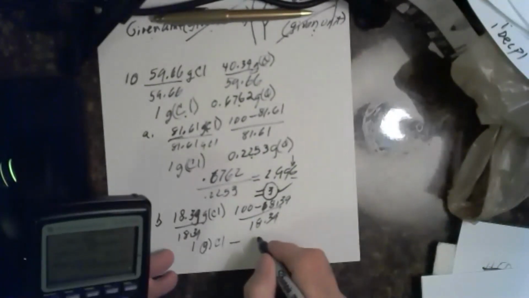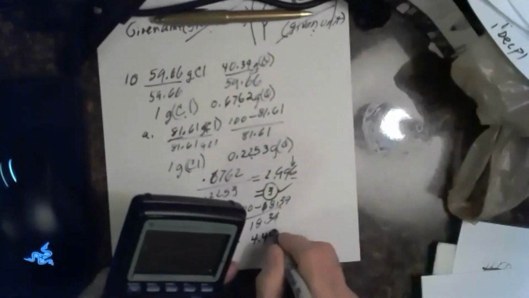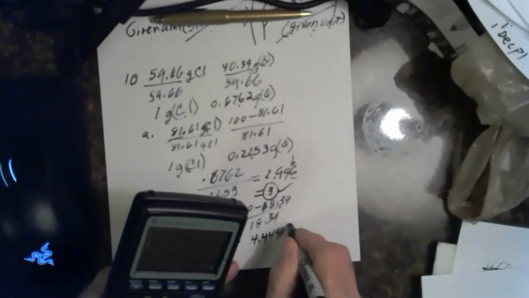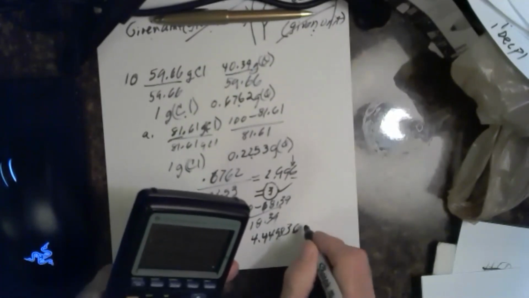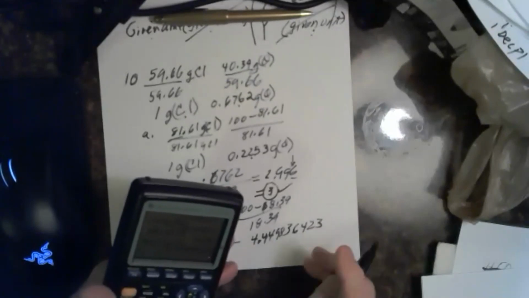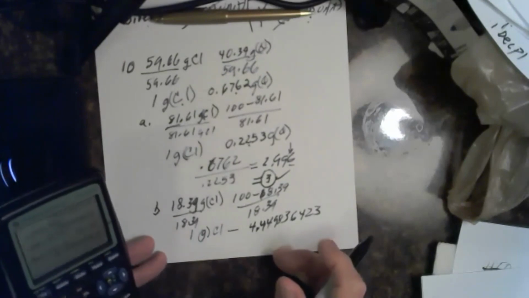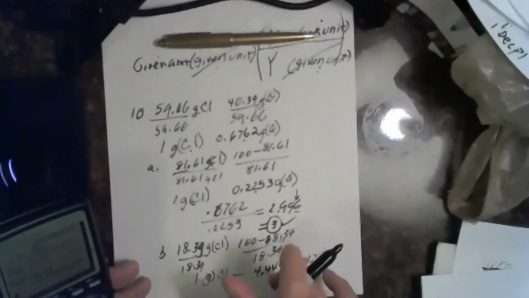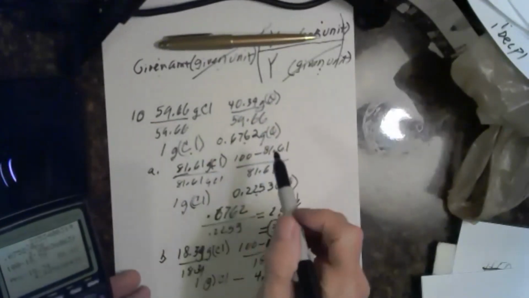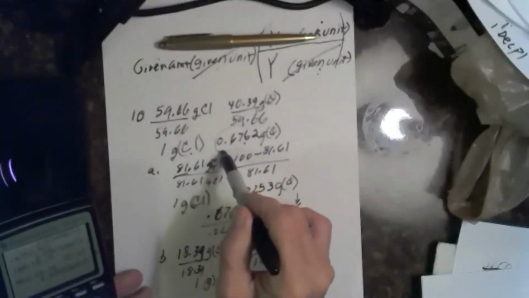This gives me 4.43836423, if I didn't copy something incorrectly. Now, according to the law of multiple proportions, my reference amount in my reference compound was this.